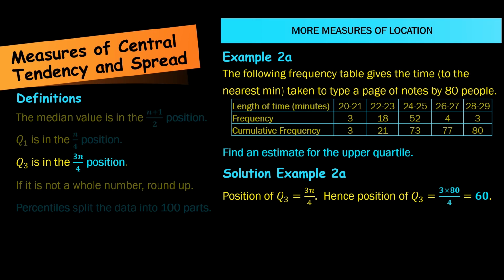So Q3 is in the 60th position. And therefore, Q3 is in the 24 to 25 category, because up to the 22 to 23 category, we have 21 values, and up to the 24 to 25 category, we have 73 values. And therefore, Q3 must lie in the 24 to 25 category.